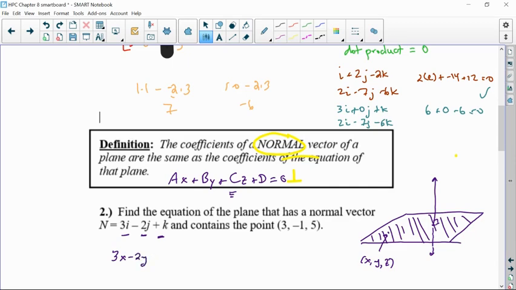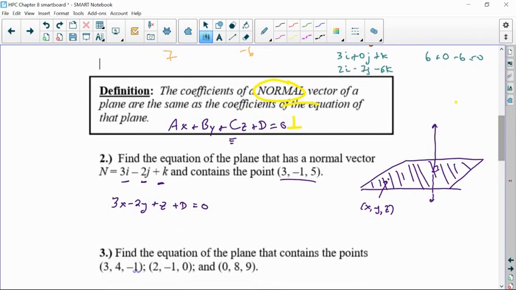You could pick off the 1, so plus 1z, and those will be the first three coefficients. But now I need to get through this point. We don't know what our intercept is, our d element, so to speak. So what we have to do is substitute 3, -1, 5 in for x, y, and z, and solve for this d value.